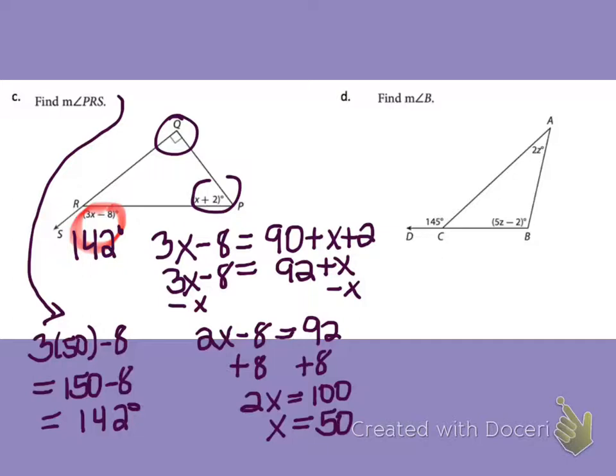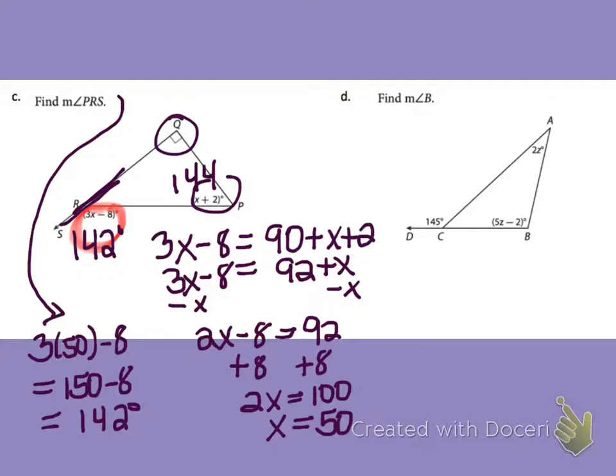I could find the angle next to it because these two make a linear pair. And I could also find the angle labeled x plus 2. It's just 2 more than 142, which would be 144 degrees. They didn't ask for those, but I certainly could find them very easily.